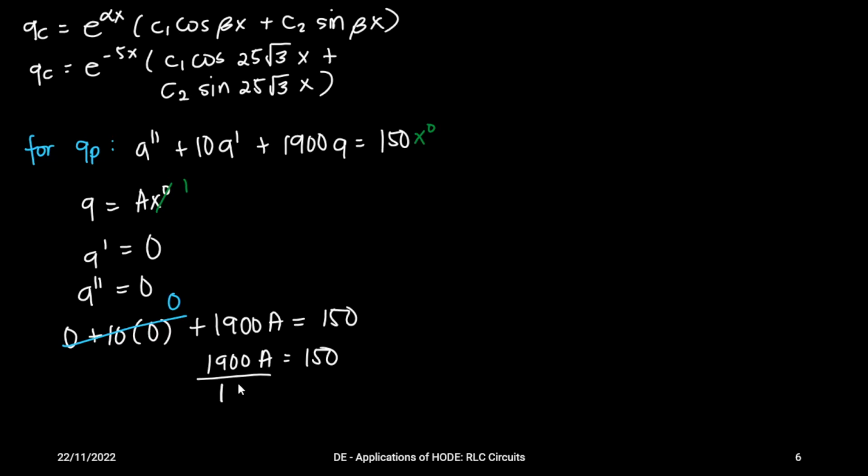So dividing both sides by 1900 para makuha natin yung value ni a. Therefore, a is equivalent to 150 over 1900, that is 3 over 38.